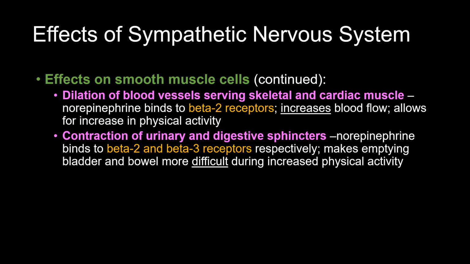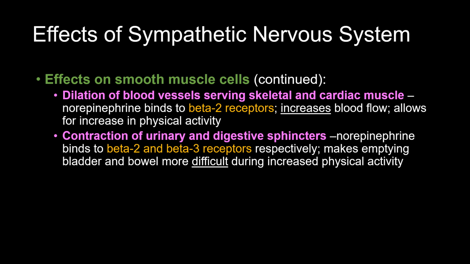Okay, more effects. We're continuing on our effects tour. Now, we've already discussed dilation of the bronchioles and constriction of blood vessels serving the skin, digestive systems, and the urinary systems. Now, we're going to find out that the blood vessels serving skeletal and cardiac muscle dilate. Now, this is the same effect.